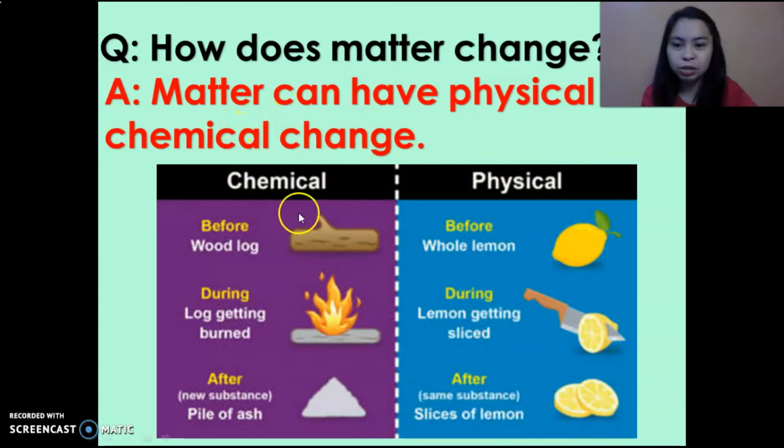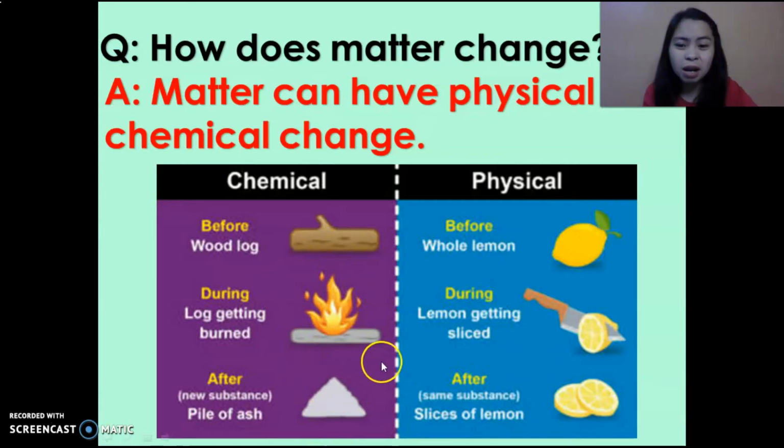Chemical change. I have here a wooden log. And then after that, I will burn it with fire. So after that, the log is getting burned. What will happen?